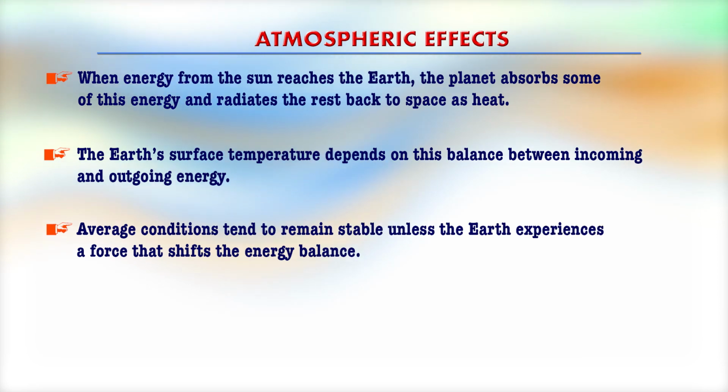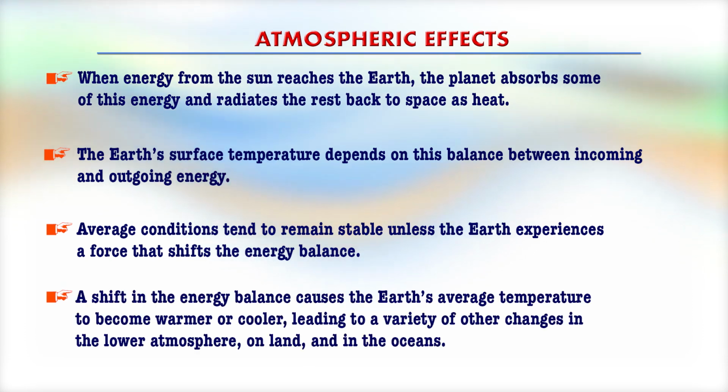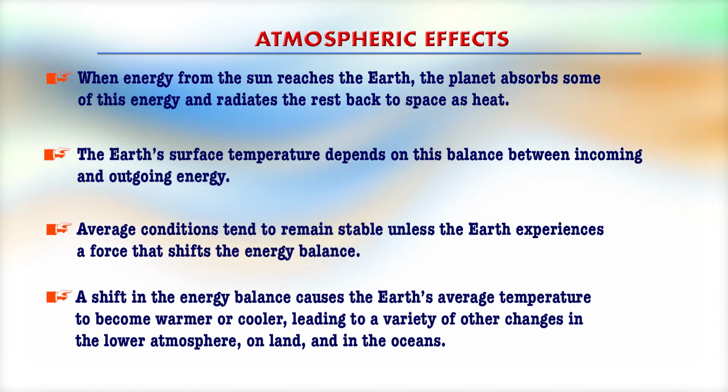The average conditions tend to remain stable unless the earth experiences a force that shifts the energy balance. A shift in the energy balance that causes the earth's average temperature to become warmer or cooler leads to a variety of other changes in the lower atmosphere, and also on the land as well as in the oceans.